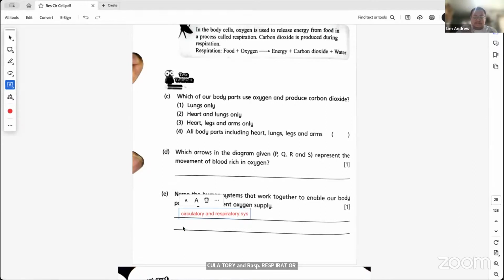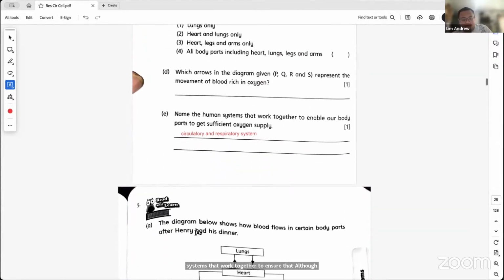So these are the two systems that work together to ensure that the body has enough oxygen supply. Yes, teacher, system, not sister. I think my typo has an issue. Thanks for reminding. Thank you very much. Okay, I have to go and check on my laptop now. Thanks for your help. All right. So these are the two systems that work together to enable our body to have enough oxygen supply. All right, let's carry on.